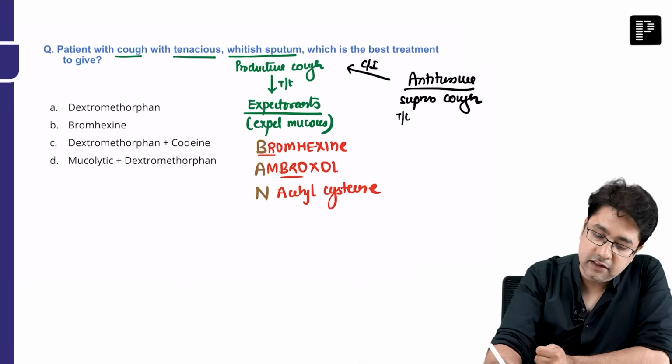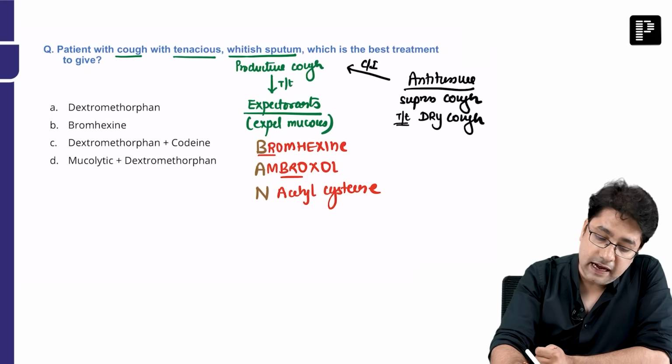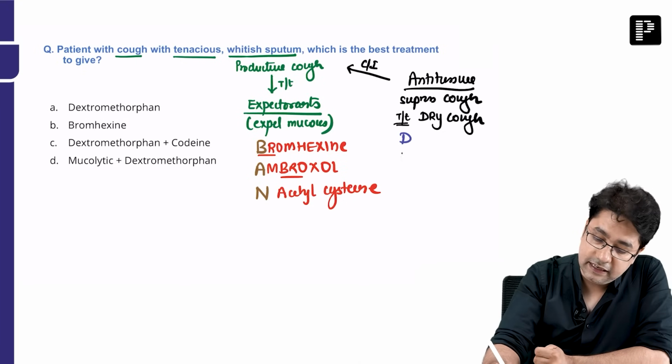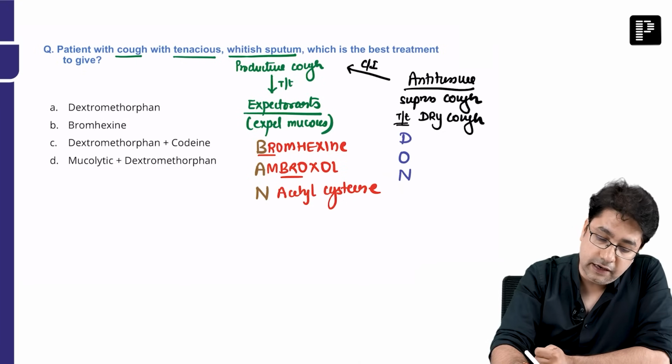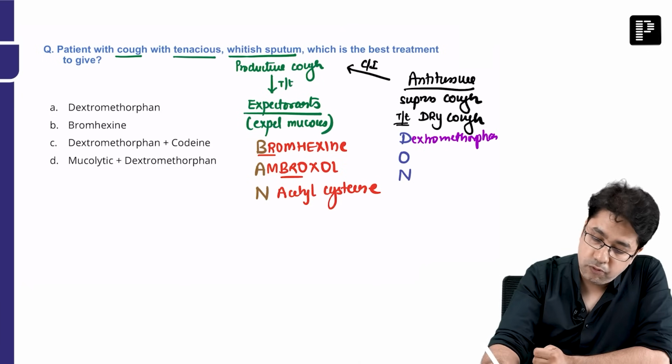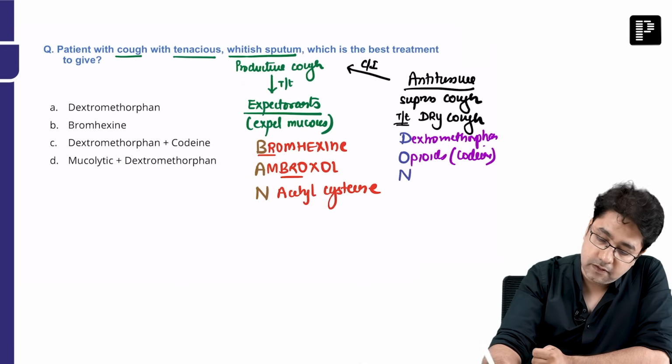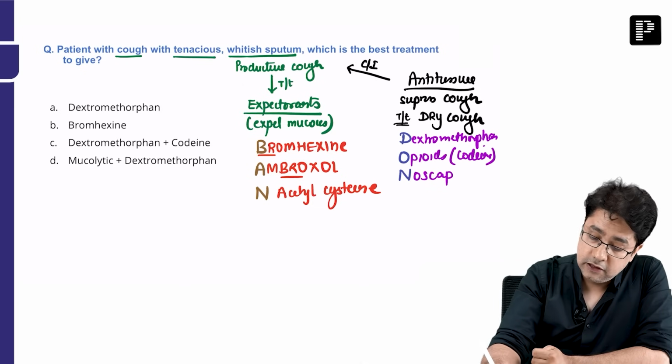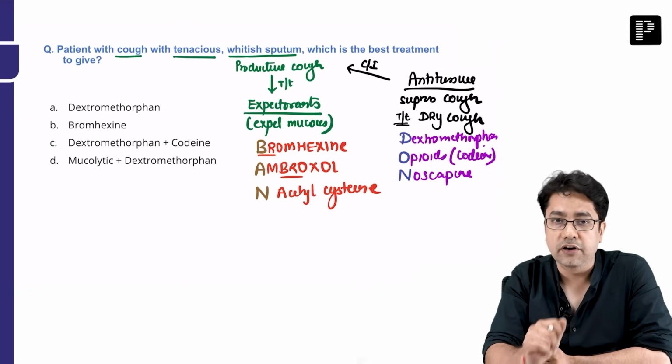They are only given in the treatment of dry cough when there is no sputum. And we have discussed 3 drugs in antitussive, DON. D for dextromethorphan, opioids like codeine syrup, and noscapine. So these drugs should be avoided in productive cough.